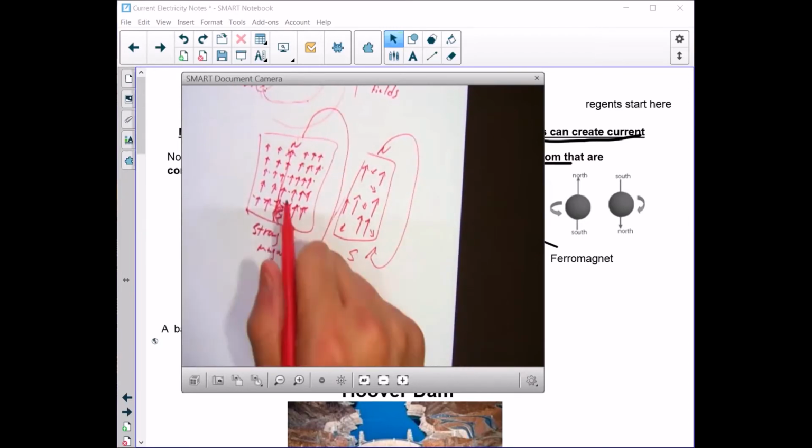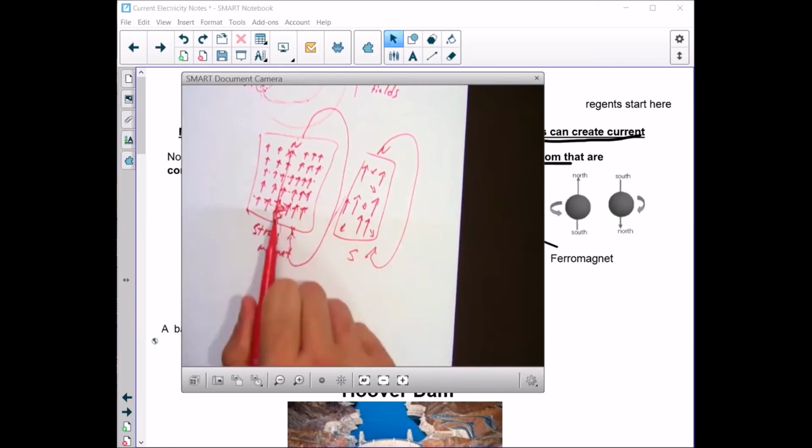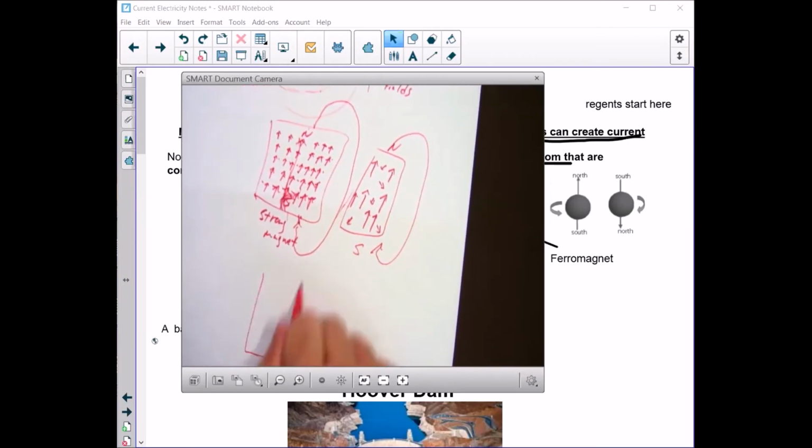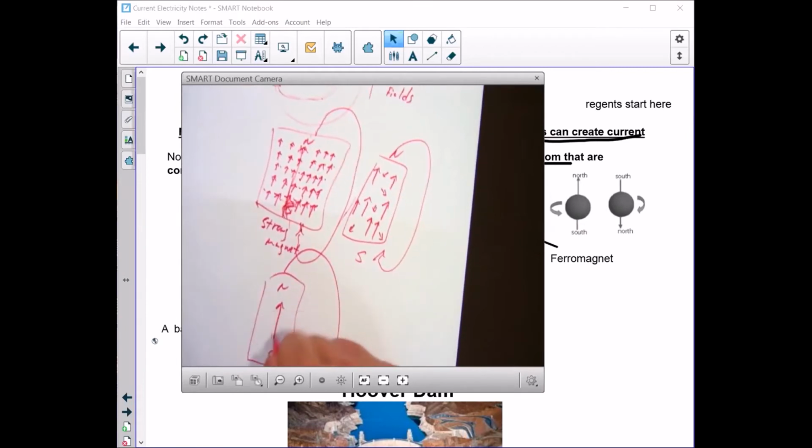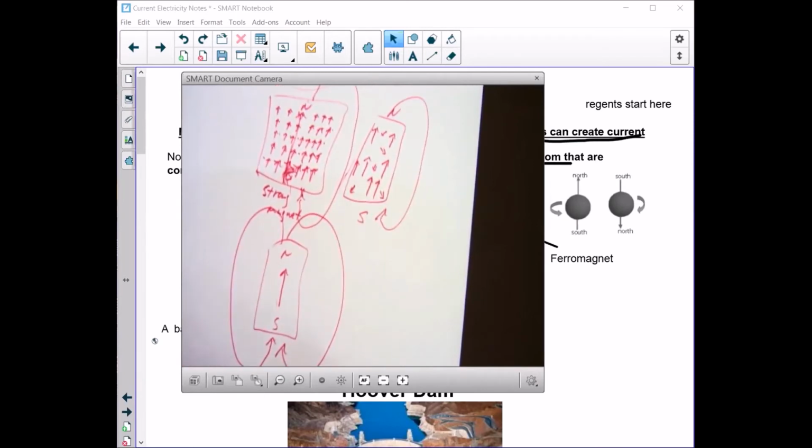All these little individual electrons add up together to create essentially a magnetic field that goes like this and then curls around. The presence of all those electrons creates the magnetic field. But that's just one magnet. In order for forces to happen, you need two magnetic fields.